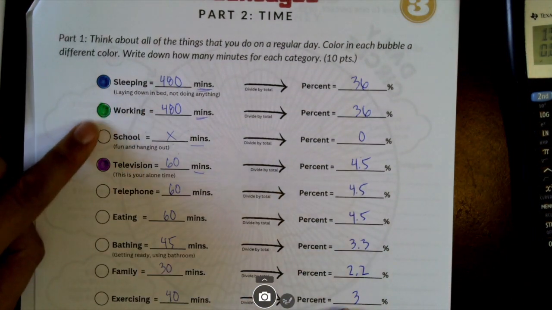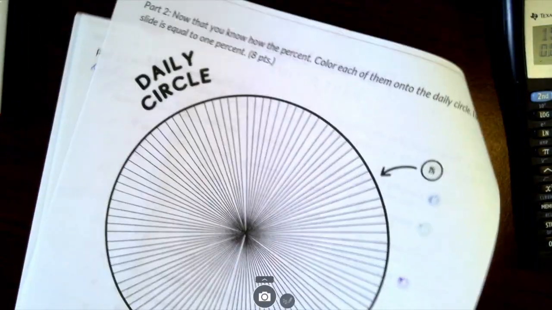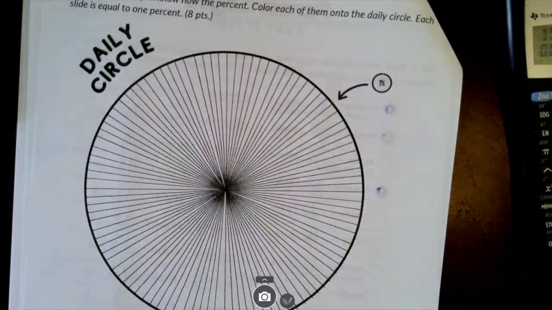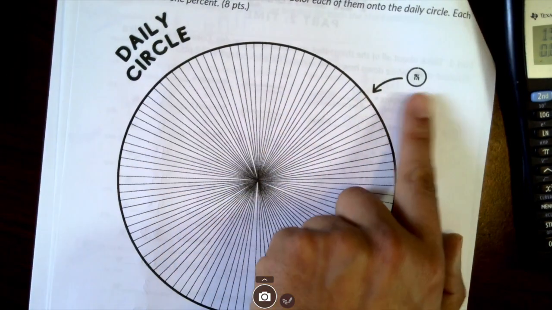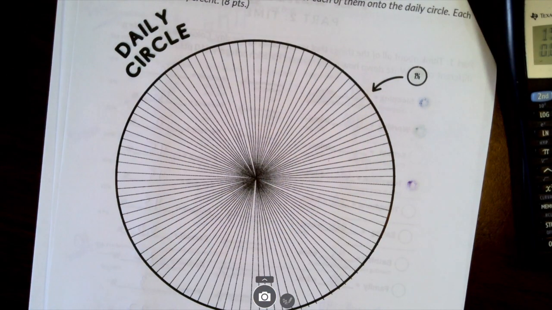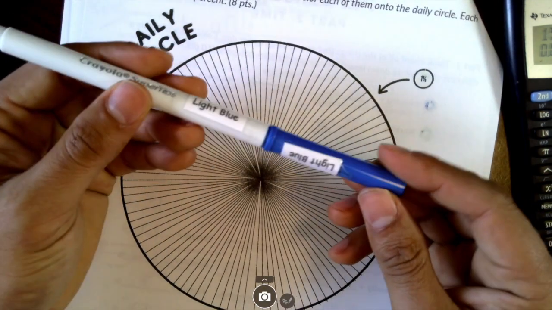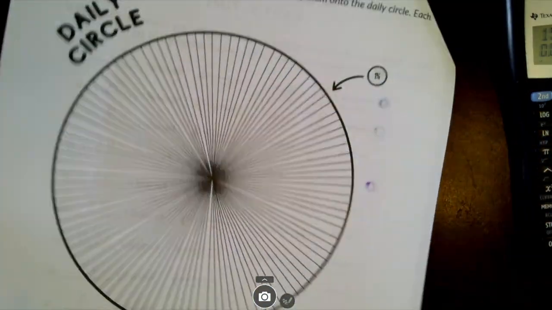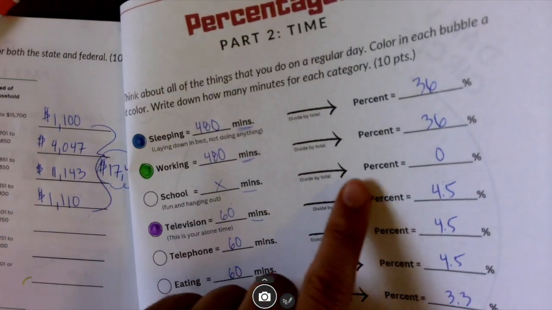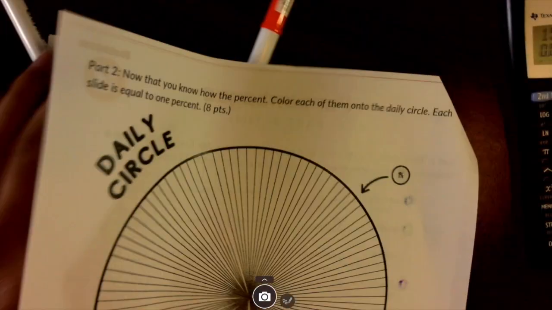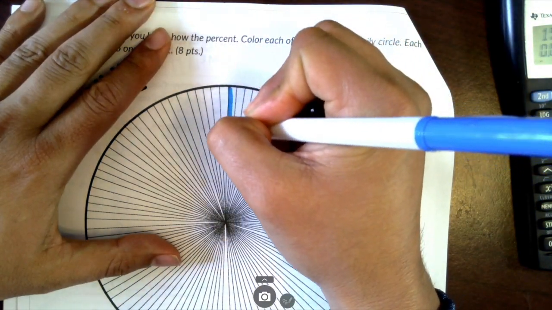So once you filled out all your colors, you're gonna turn it around. You were supposed to use color pencils, but I'm at home and I didn't have the color pencils I was looking for, so I used my marker, so ignore this right here. I'm gonna use light blue. Light blue was for sleeping, and sleeping was 36%. So I have to color 36 of these, so I'm gonna draw a line right down the middle.